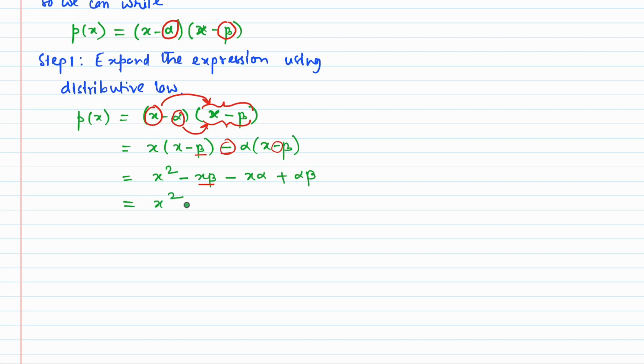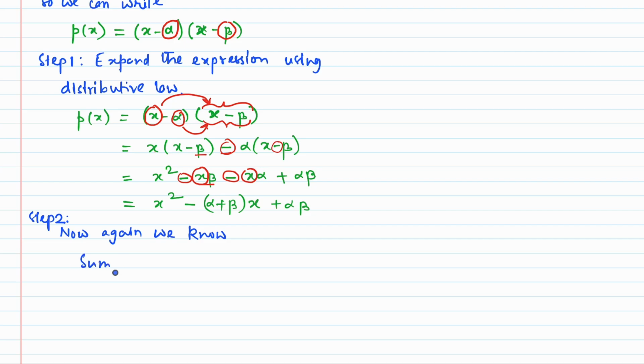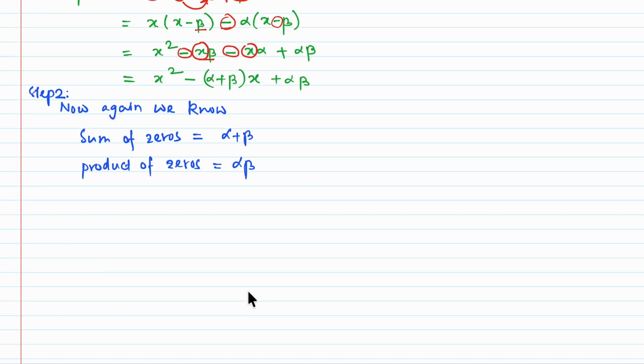Therefore, taking x common, we get x square minus (alpha plus beta) times x plus alpha beta, which is nothing but the sum of the zeros and the product of the zeros. So the expression has been formed as x square minus the sum of the zeros of the polynomial times x plus the product of the zeros.